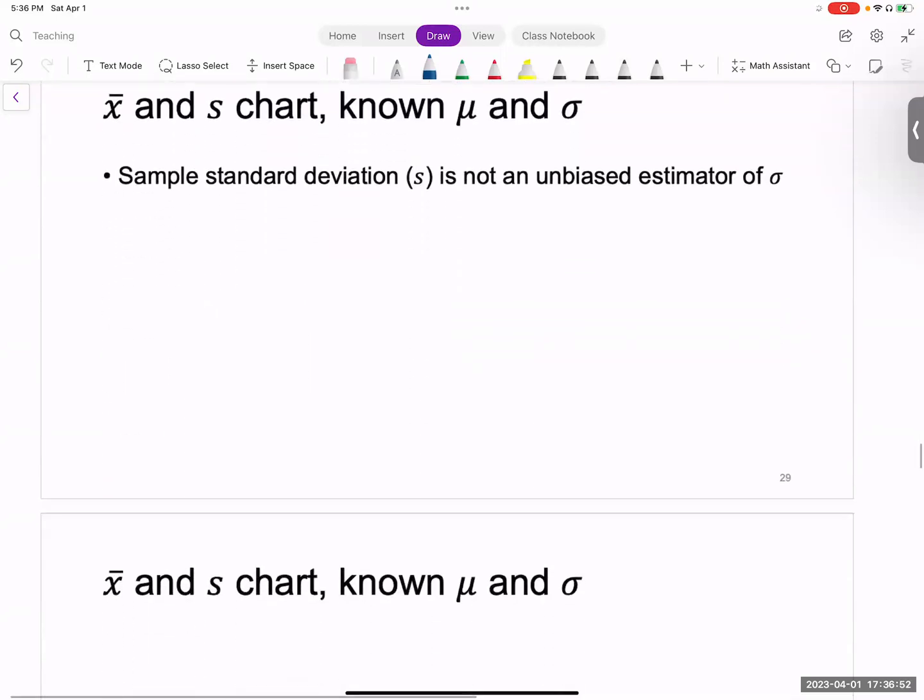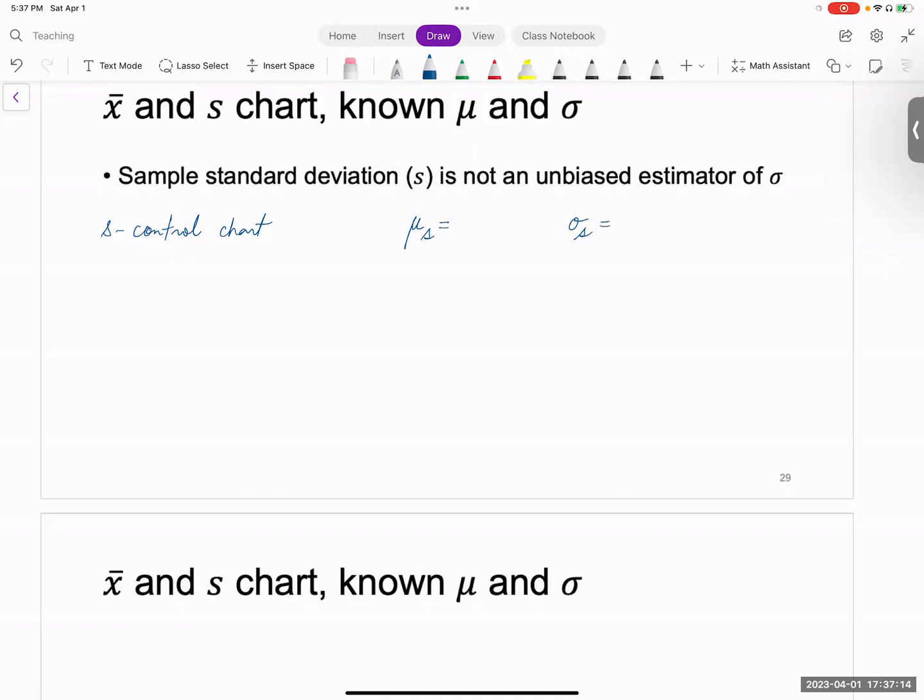Let's talk about, for the first time, an S control chart, or a sample standard deviation control chart. Remember, in order to construct a control chart, we need its mean and we need its standard deviation.